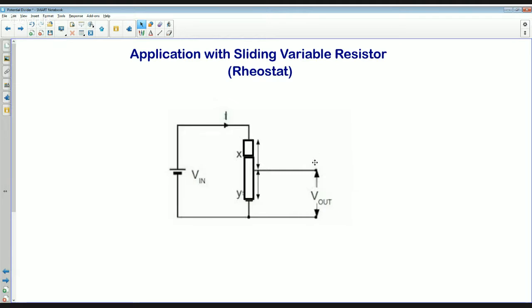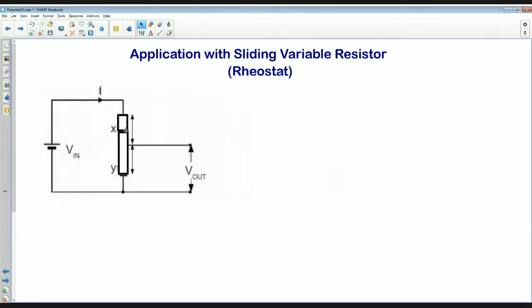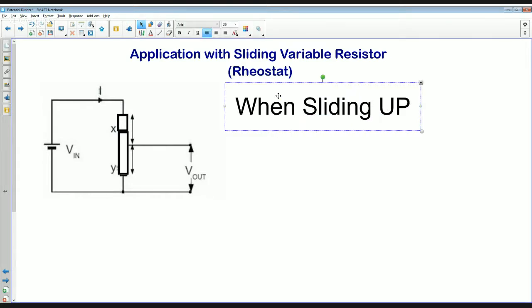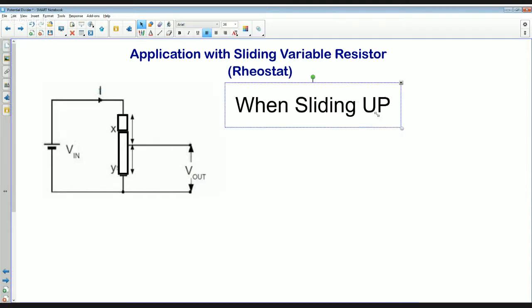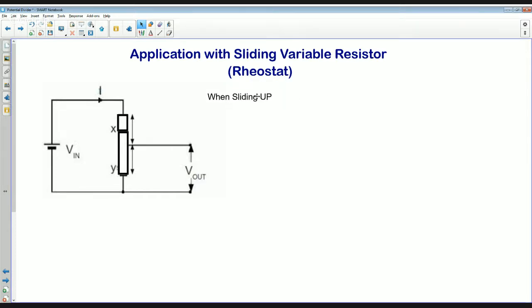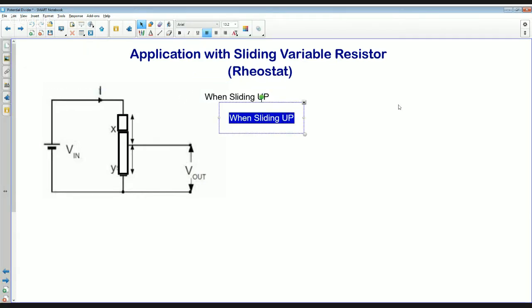Now, what is the effect on the V out? So let's take a look at when it slides up. When the slider goes up, what are the implications? Let's take a look at the first thing. You realize that resistance of X increases. Resistance of Y increases.